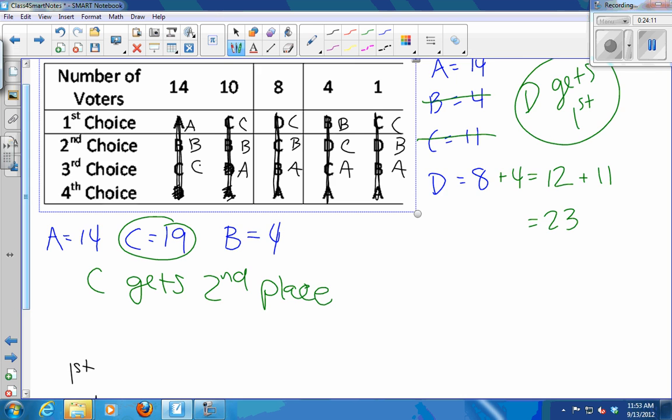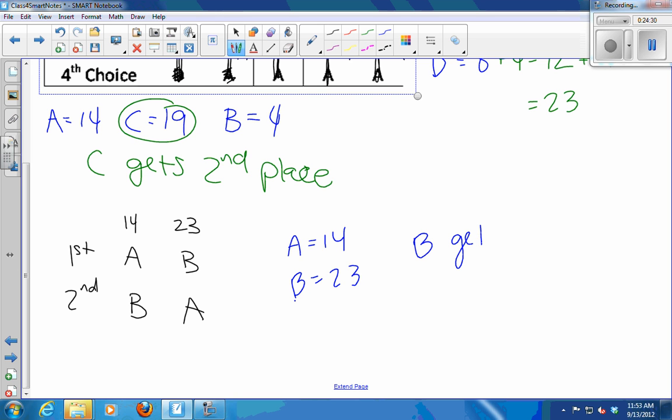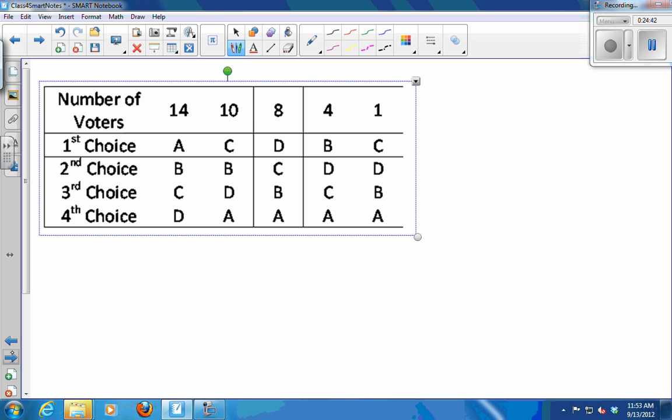So I have 14 ABs. And everybody else is BA, which I think is 23. So A has 14, B has 23, so B gets third. A gets fourth. So it was D, C, B, A.